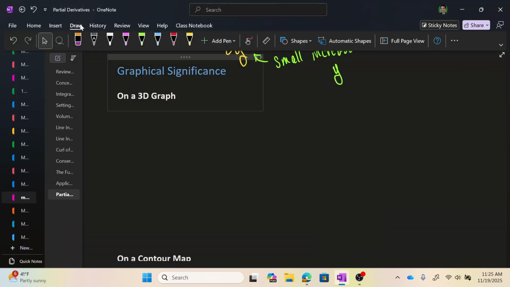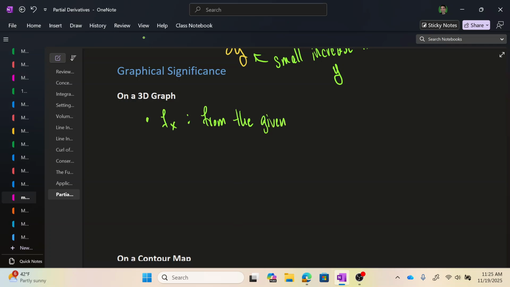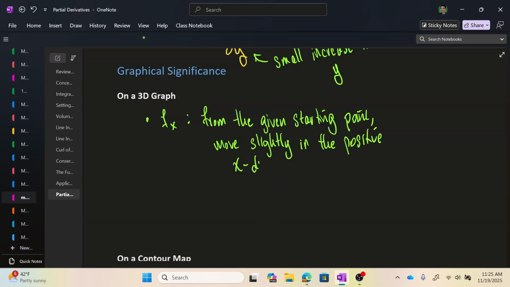So to summarize what we just discussed, if you want to deduce what the partial derivatives are doing from the 3D graph of a function, for f sub x from the given starting point, move slightly in the positive x direction, and examine the effect on the z values.